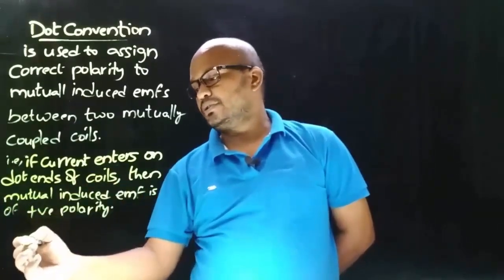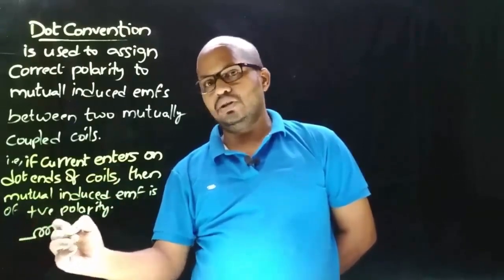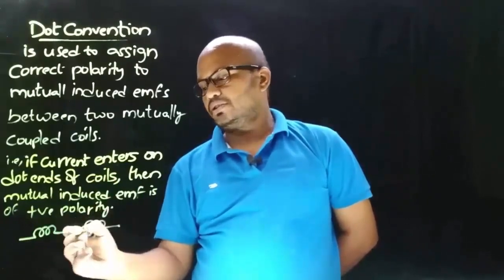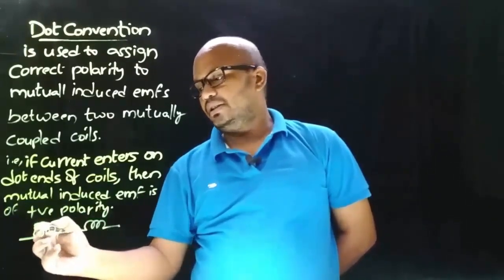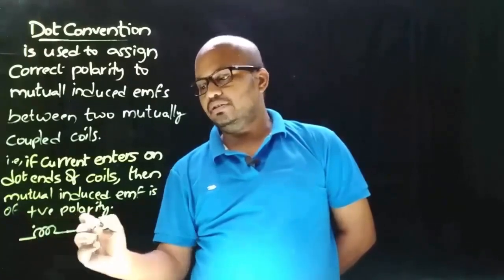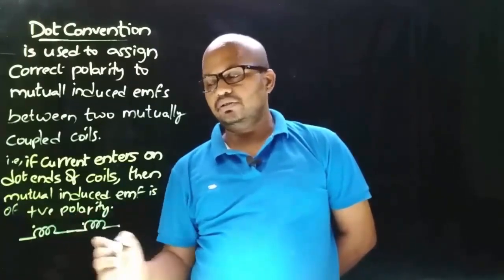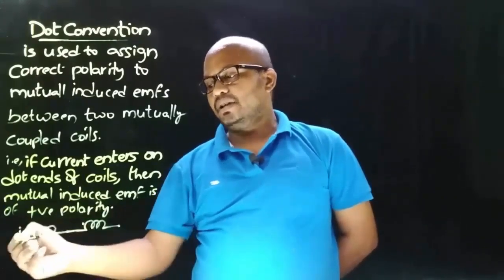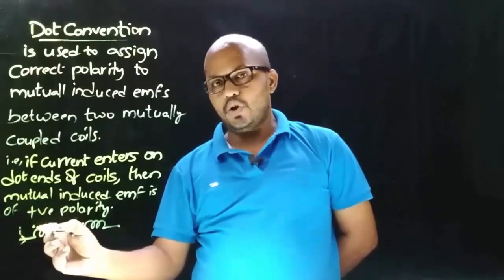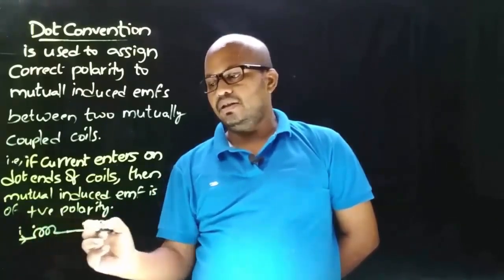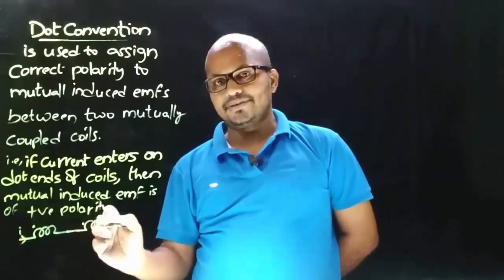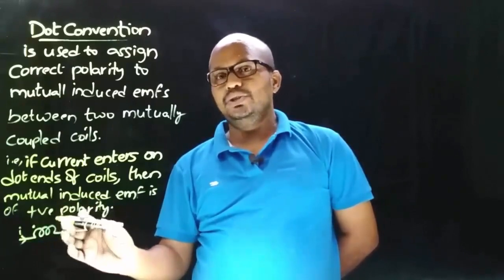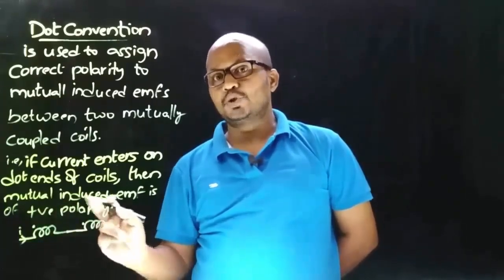That is, suppose this is one coil, and this is the second coil, and these two are joined like this, and this coil has its dot end here, and this coil has its dot end here, and suppose current is entering from this side. So observe that here current is entering this coil on the dot end, and similarly in this coil also current is entering on the dot end. So the mutual induced EMF between these two coils has positive polarity.